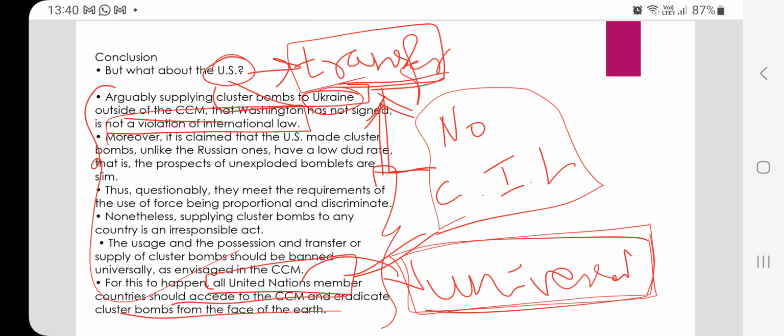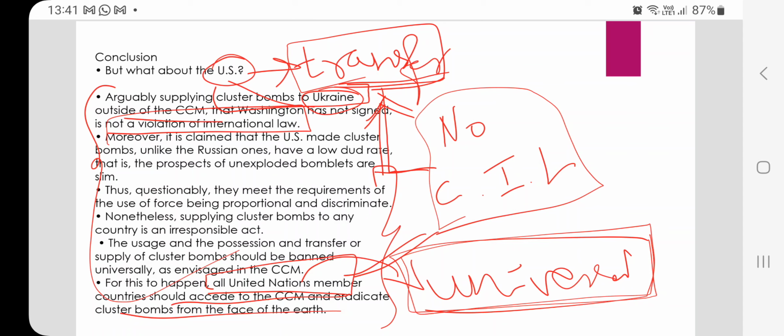So he is urging the United Nations and all the member countries to adopt it universally, and those who are not party to it to sign it. If you see, other NATO allies like Germany and other NATO countries are party to it. They signed the convention already, so they no longer use, produce or stockpile these cluster bombs.